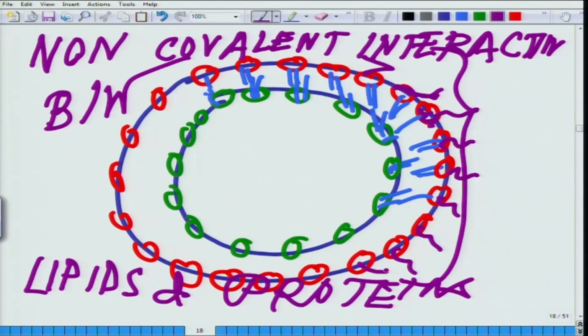We talked about the ratio of lipids and proteins, 1:4 to 4:1, and the thickness of the membrane, approximately 6 nanometer to 10 nanometer, or 60 angstrom to 100 angstrom, and all these lipids are amphipathic in nature.